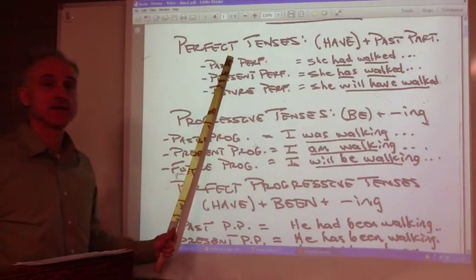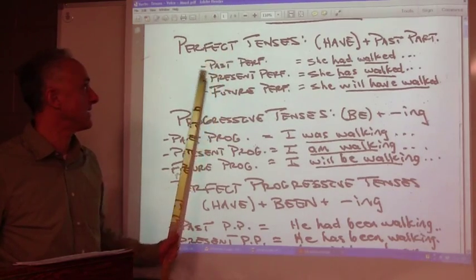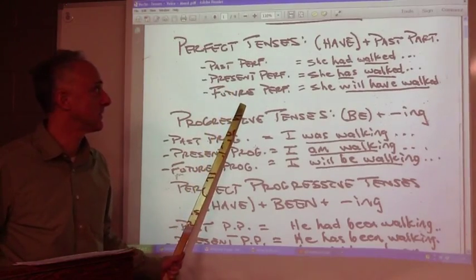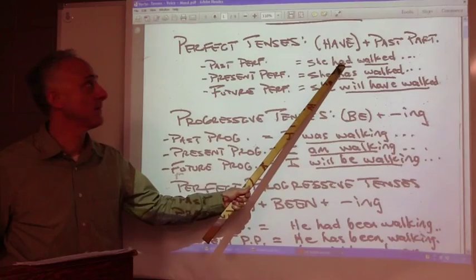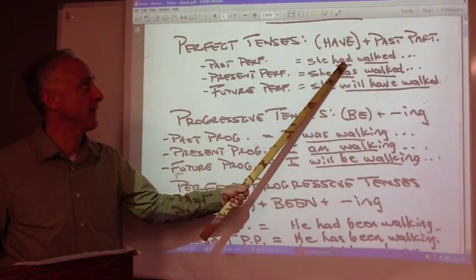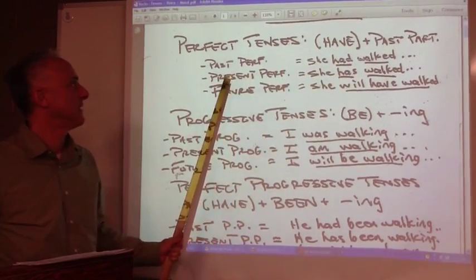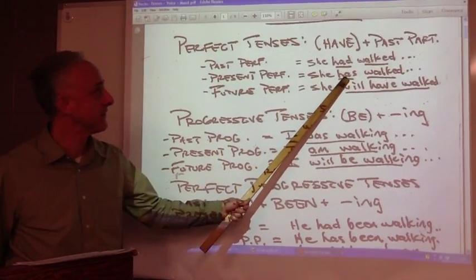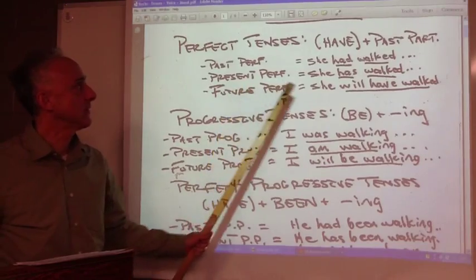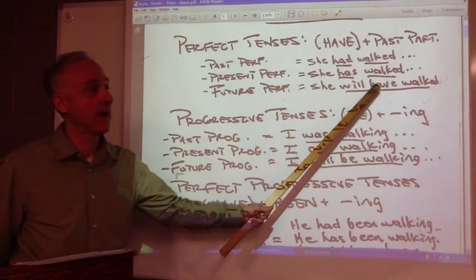For the perfect tenses, you can have three forms: the past, the present, or the future. The past will always have your helping verb be had. The form of have that you have is had. And the present will always be has or have, right? And the future helping verb will have.